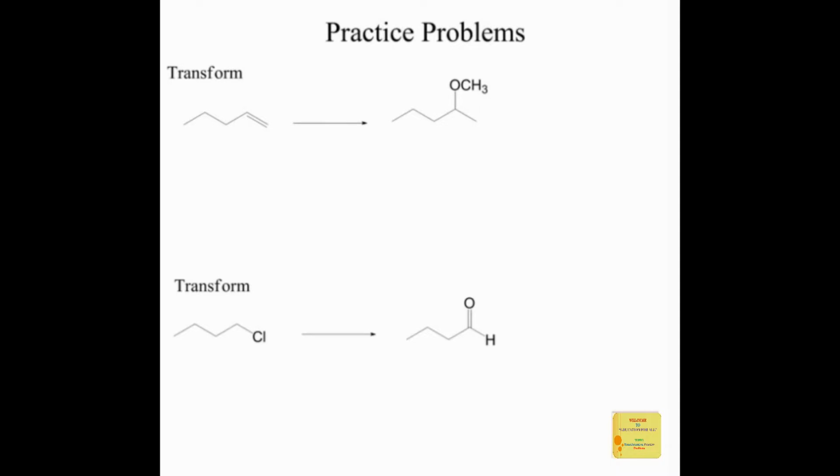Here we have another ether as our target molecule. When we think about how to make an ether, we need to do a disconnection from one side or the other of our oxygen bond.